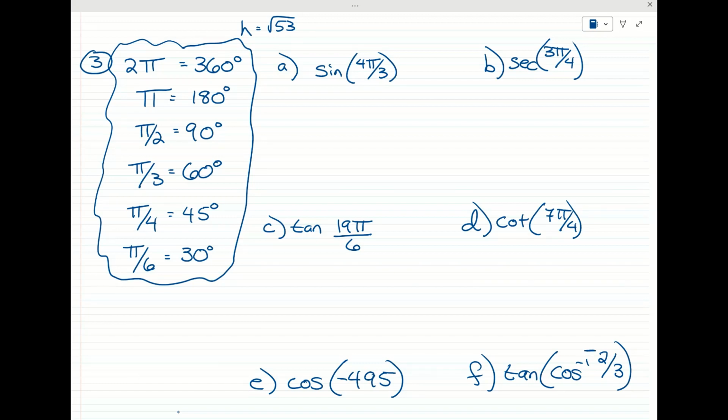Okay. So what we'll do is we'll figure all of these out. First thing I would recommend that you do, remember, we're not allowed to use a calculator. So let's resist that urge. Let's set these up by drawing a coordinate plane.